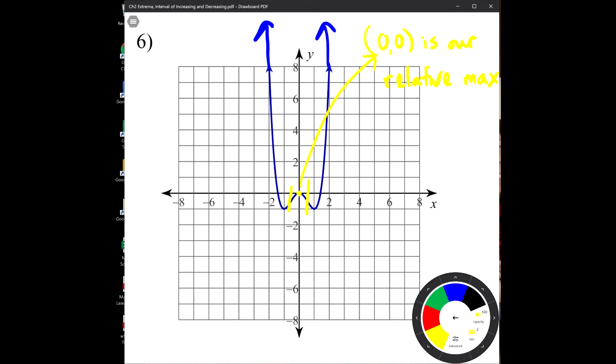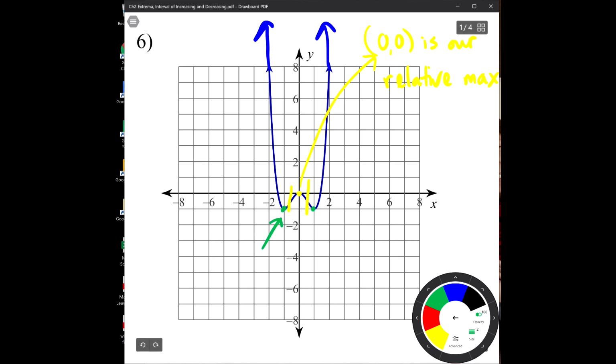Okay, and then for the minimum value, we see these two values right here. That's the least value we can have on y, but we have two of them. When we have two of them, it cannot be considered as global min anymore. It has to become relative min now.